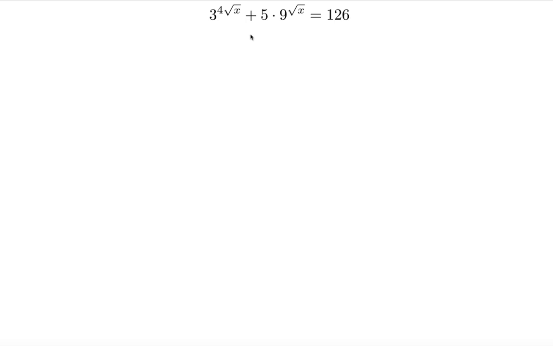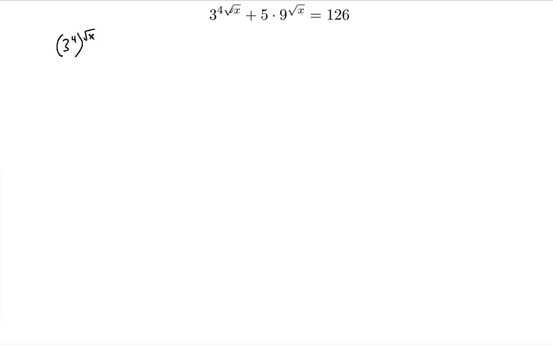So first of all, notice that the laws of exponents allow us to rewrite the first term as 3 to the 4th, raised to the square root of x power, right? Because we know the power of a power is such that when you have a power inside and a power outside, the powers simply multiply.